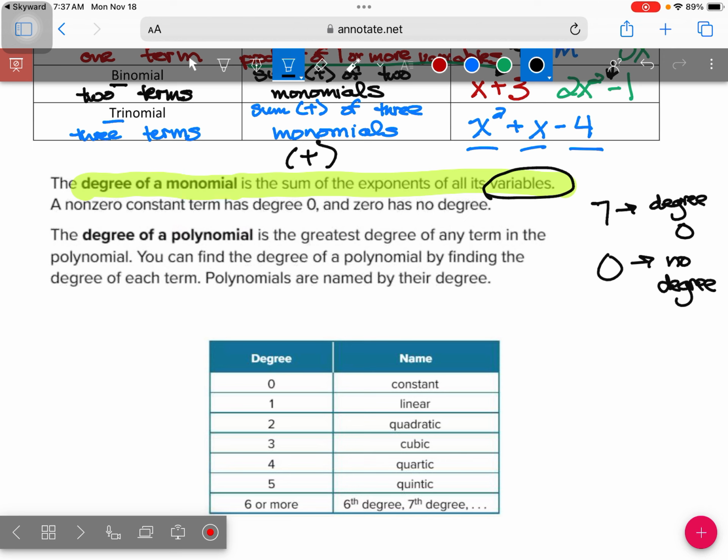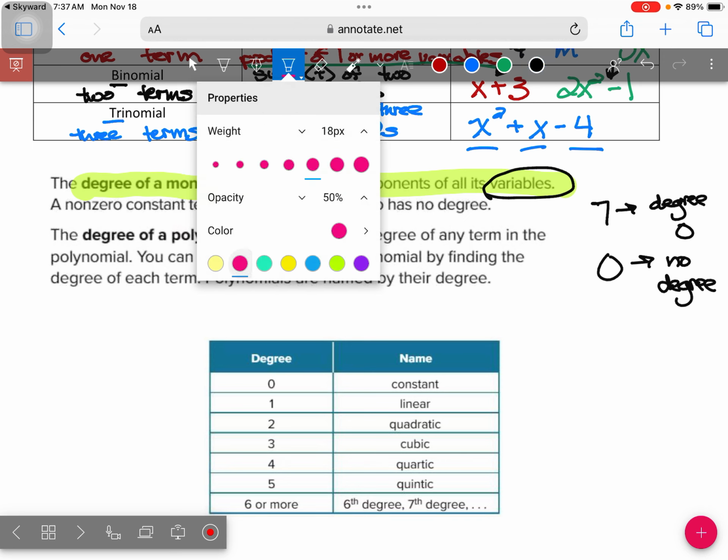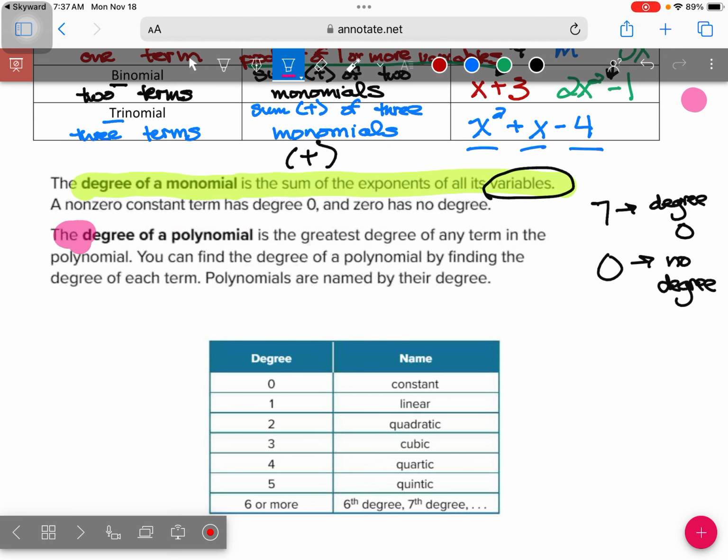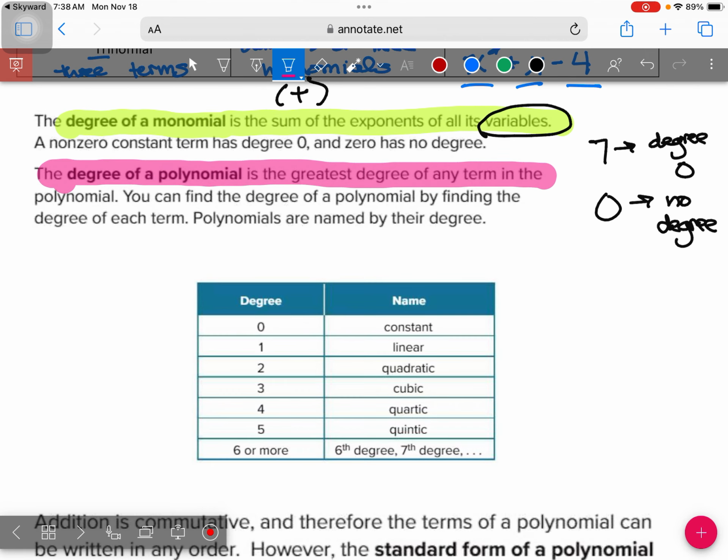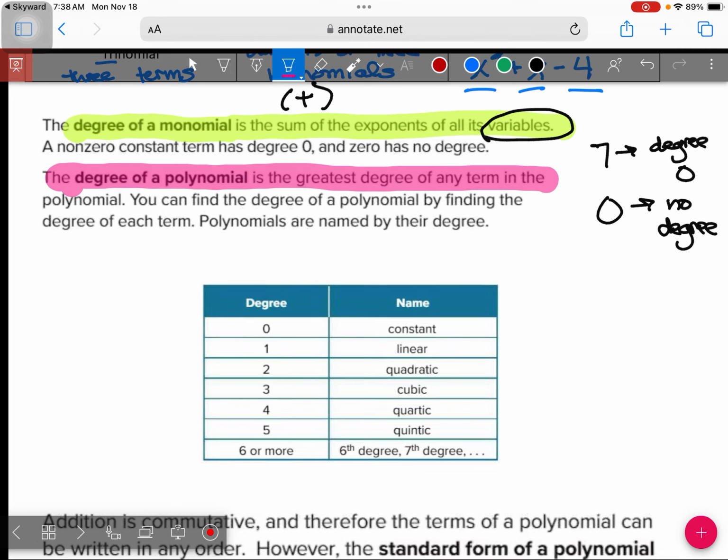However, the degree of a polynomial, when you have more than one, is the greatest degree of any term. So you have to look at all the terms and say, hey, what's the greatest of the terms that I have here? You can find the degree of a polynomial by finding the degree of each term. Polynomials are named by their degree. Okay?